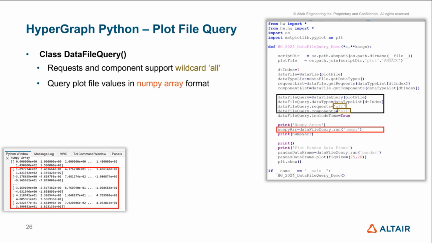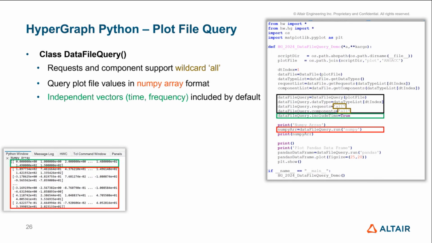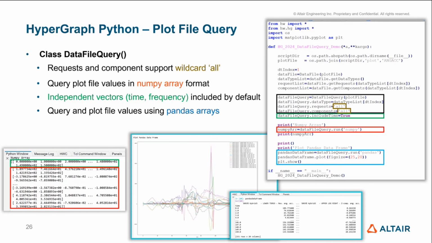And then I can ask the data file query, okay, give me your values in NumPy format, and it will return it. If you include the time, which is by default true, then the independent vector comes first. You see here 0 to 150 for this example. The independent vector will be also included. And I have my NumPy array and can do whatever I want to do in NumPy.